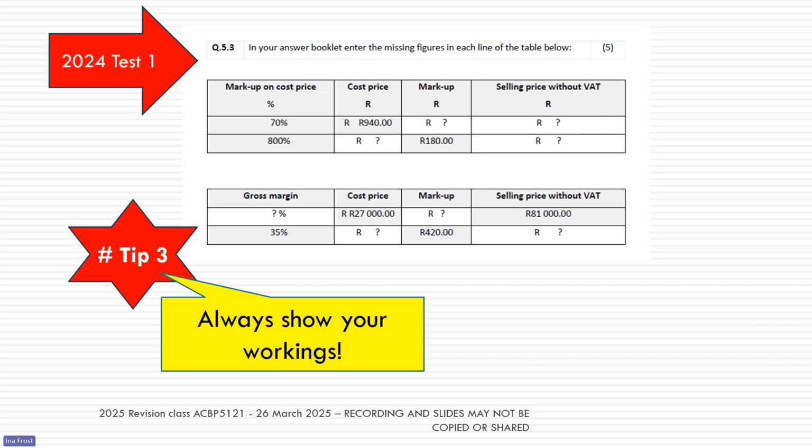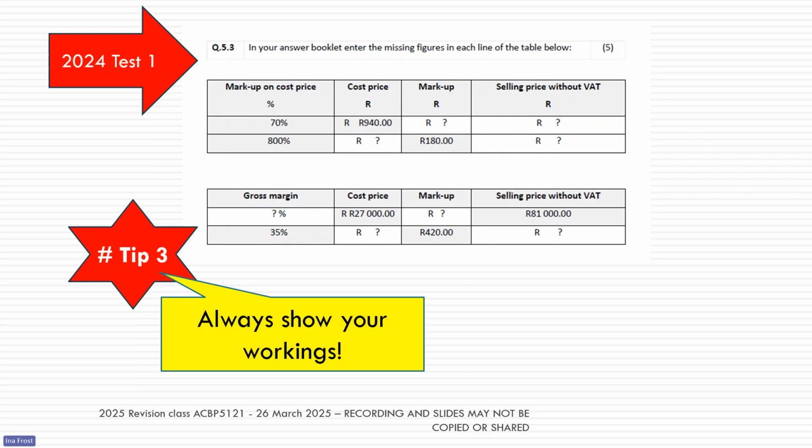So it is possible that we can start you off in the question by first giving you the cost price. Then we expect you to add onto the cost price the markup, depending on the question, which formula. Then you will get your selling price first without VAT, and then the question might go even further to say, now work out the selling price including the VAT, and then you also need to add VAT onto that selling price.